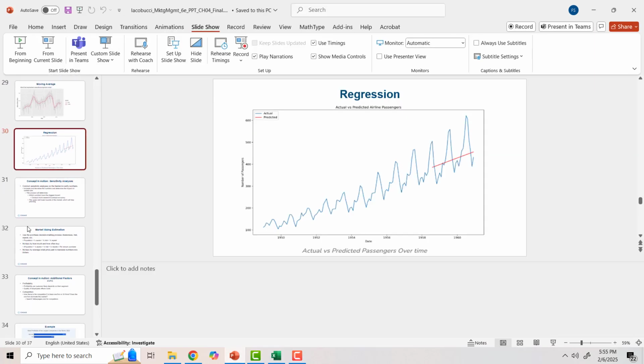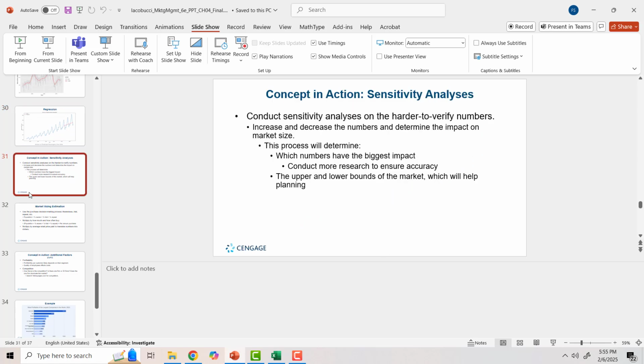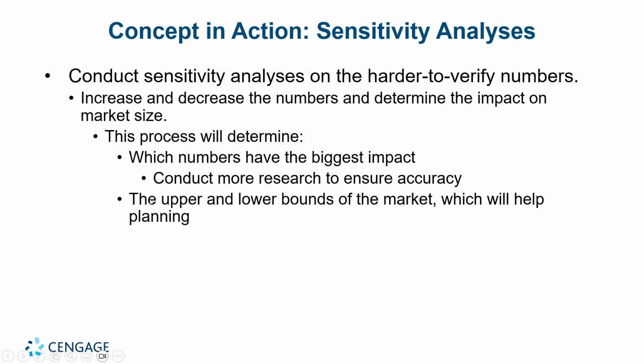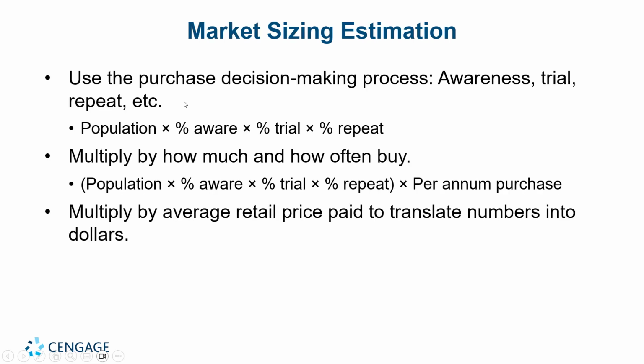Okay, so going back to the slides, we've talked a little bit about sensitivity analysis and we've done an example. What's mentioned on the slides is that we're looking at different values and we've looked at potential upper and lower bounds for revenue. Here's just another example of using a similar process, market size.